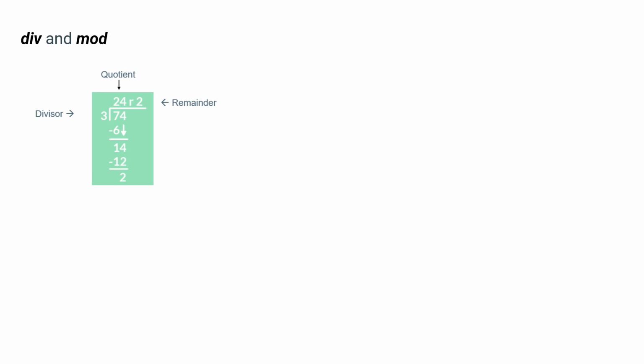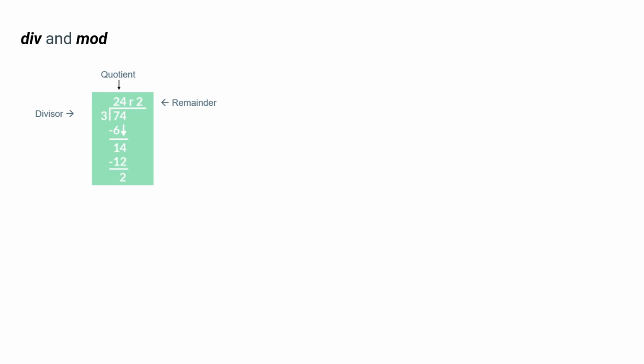Take a look at this example when we are taking 74 and dividing by 3. We're using long division, and I think you probably remember how to do long division. We could say that we've got a 2 first, and then we end up being able to put a 4 above the top line, and then we would end up with this 2 here and no more digits to bring down in the right column, so we'd be stuck with the 2.